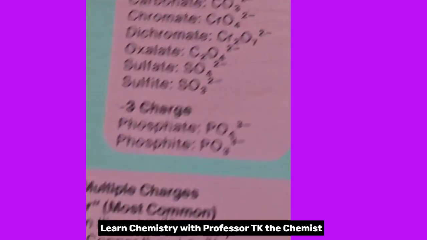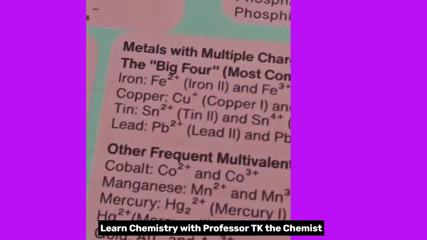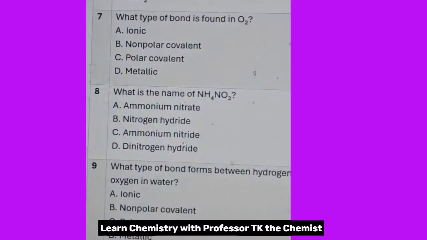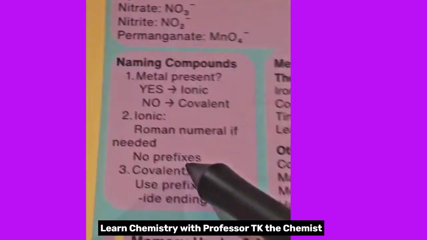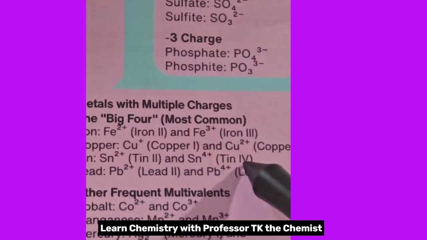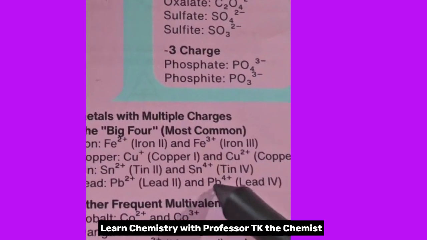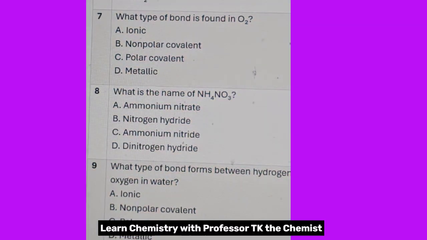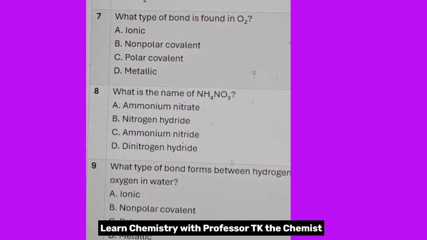For instance, iron has a +2 or +3 charge. Copper has a +1 or +2 charge. Tin has a +2 and +4, so does lead. So there are several elements that have more than one charge that are transition metals. But there are two outside of that that have more than one charge, which is lead and tin. They're metals, but they're not transition metals.